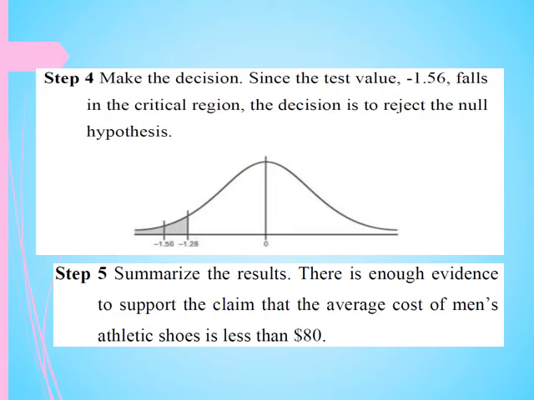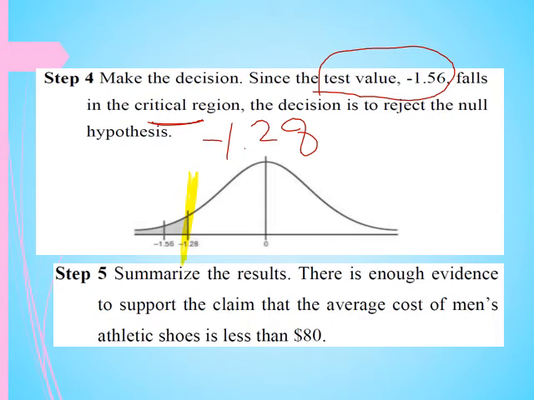If you draw the values on a normal curve, we make a decision by comparing the test value, negative 1.56, with the critical value, negative 1.28. Let's show it in the graph, more clearly. Here is the critical value. It separates the area under the curve into two main regions.